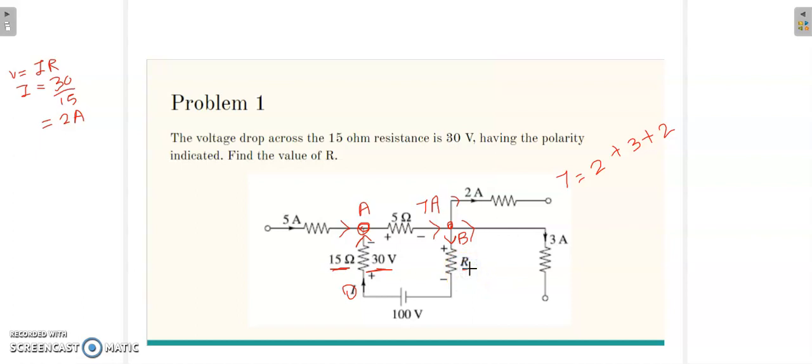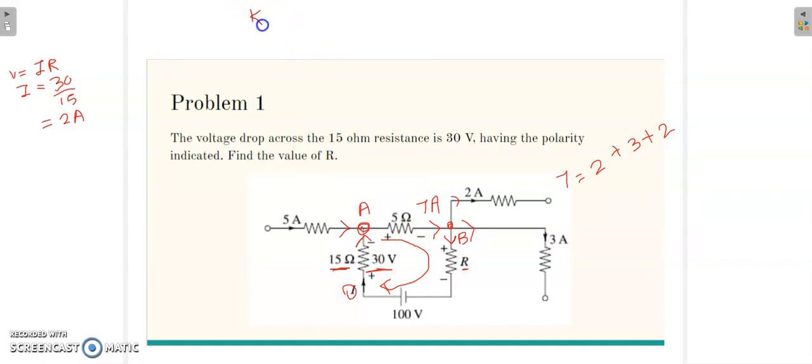Now our main aim is to find the value of resistance R. As we want to find the value of R, we can apply KVL, Kirchhoff's voltage law, to this particular mesh. I assume the direction of tracing the loop in a clockwise direction. Starting with the 5 ohm resistor, let me apply KVL.